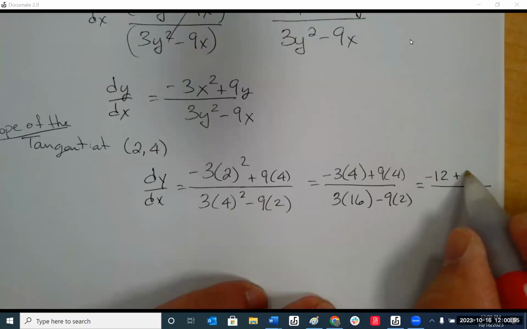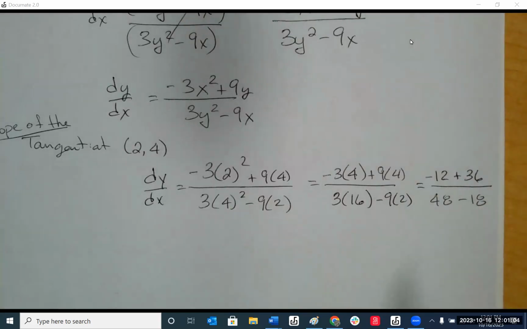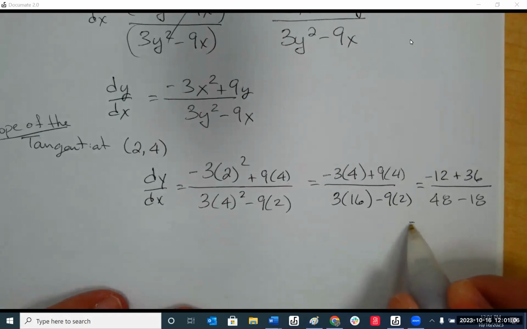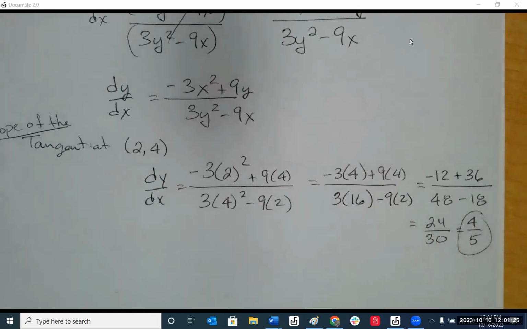Negative 12 plus 36, 48 minus 18. 24 over 30. 6 goes in there 4 times, 6 goes in there 5. So it's 4 over 5.